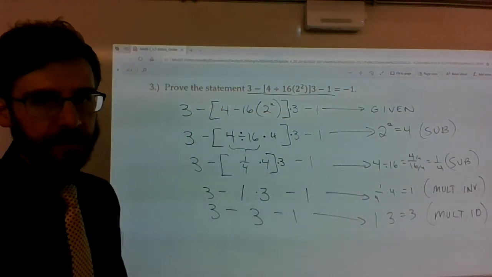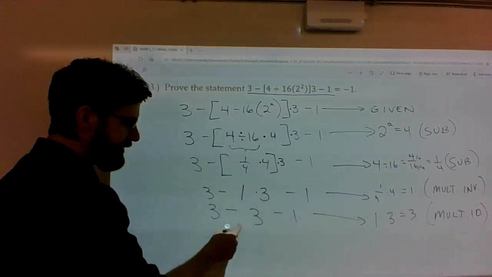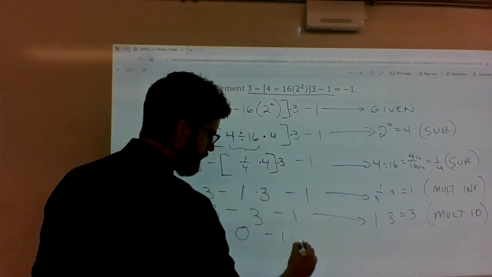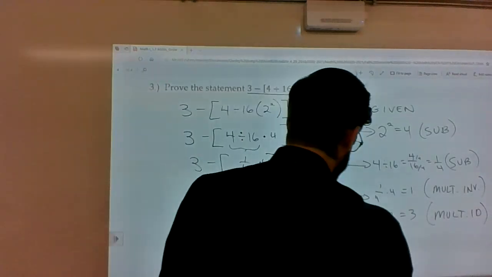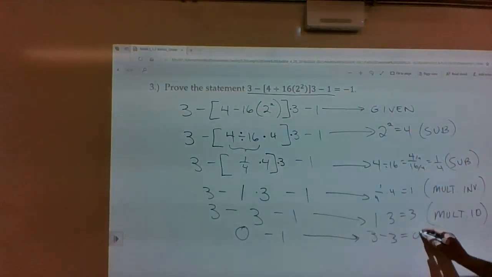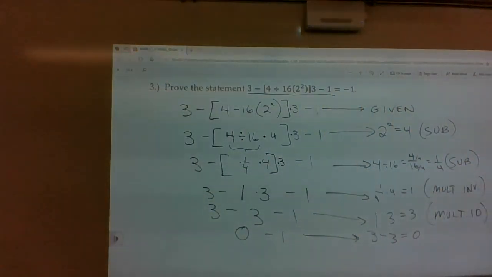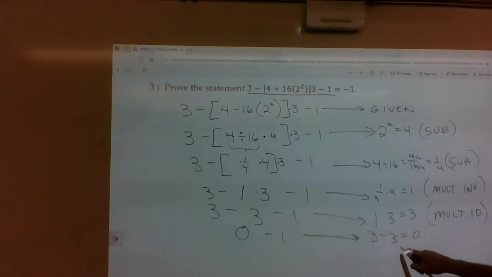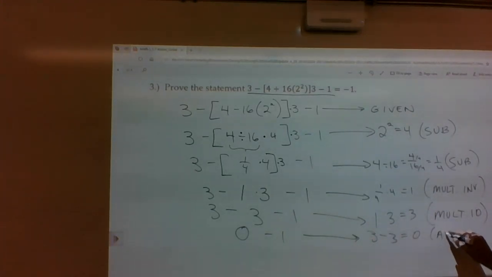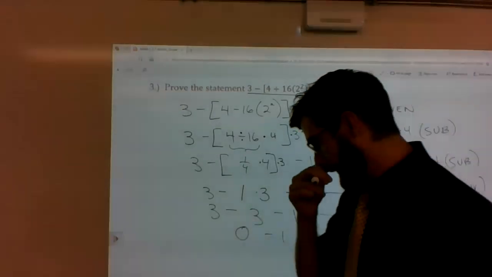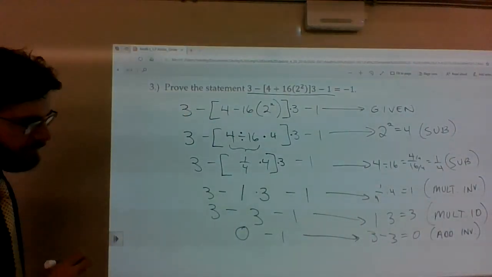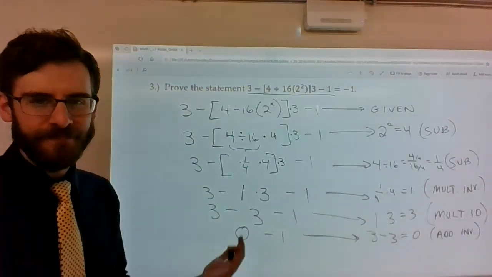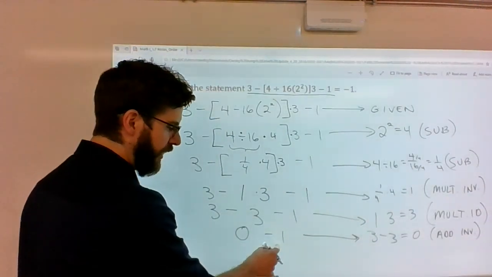All right, we're down to sort of like the last couple steps. 3 minus 3 is 0. And this is just another version of the additive inverse. If you add or subtract and get 0, it's an additive inverse. All right, last move. 0 minus 1.